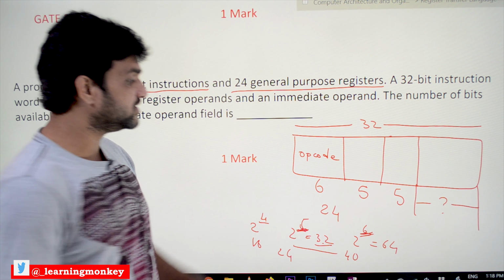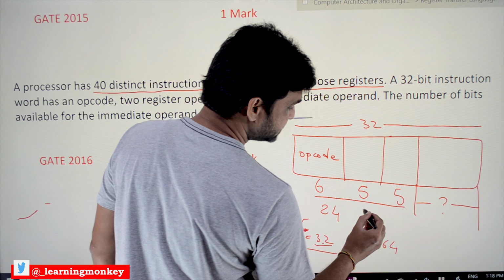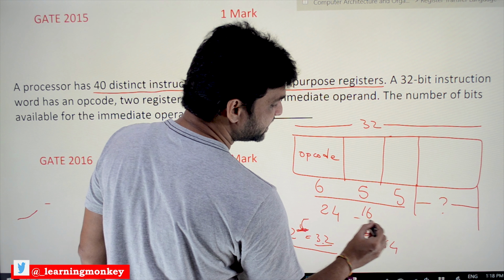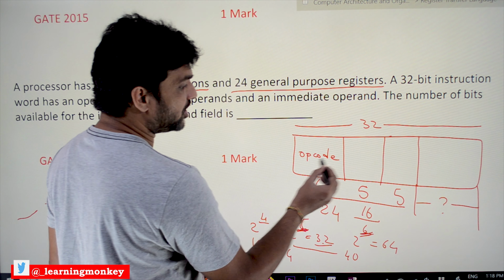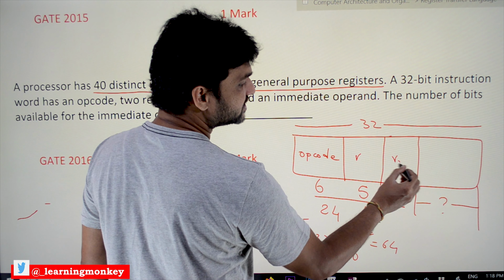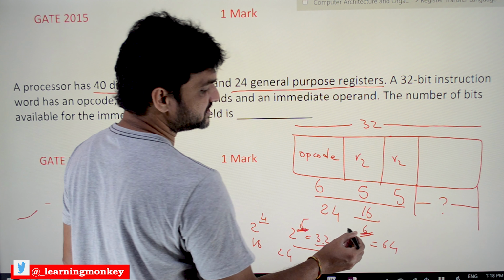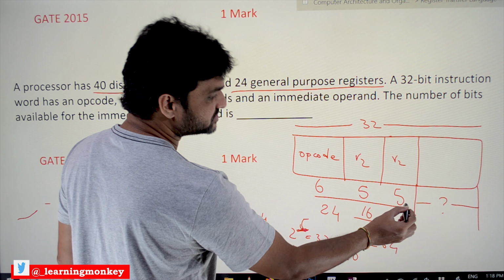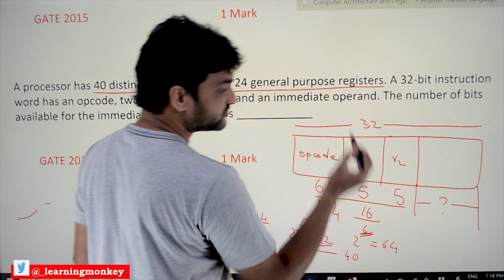So in total, 10 plus 6, which is 16 bits, are occupied by the opcode, register 1 and register 2. So 5 and 5 bits have been occupied, a total of 16 bits out of 32.